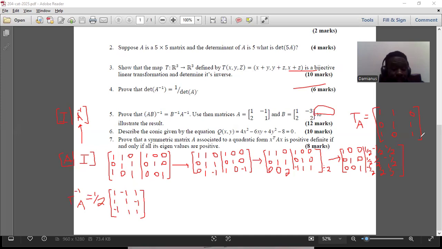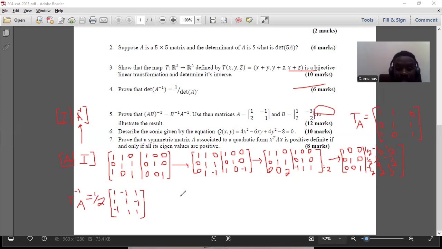But what is this matrix? This matrix is the representation of the linear transformation that we had. The question was asking you to show that this linear transformation is bijective, and determine its inverse. So now you're almost there, you're not finished.